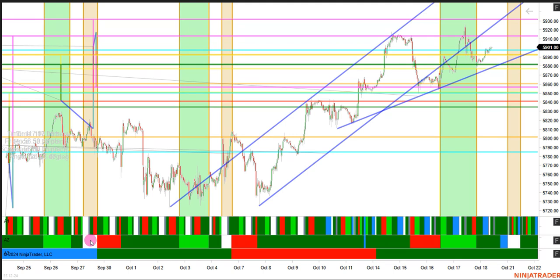Now the white blocks have been kind of the reactionary highs, where you see we made high in the green, we traded down, we made a reversal right at the beginning of the white window, then made an important intra-week high in that window also, but not the important intra-week high, which came in the green window.